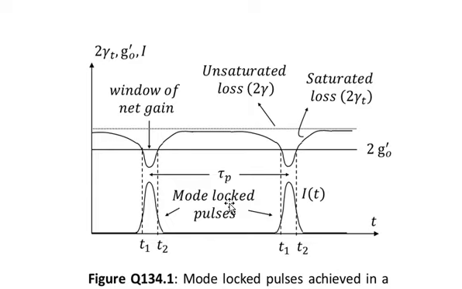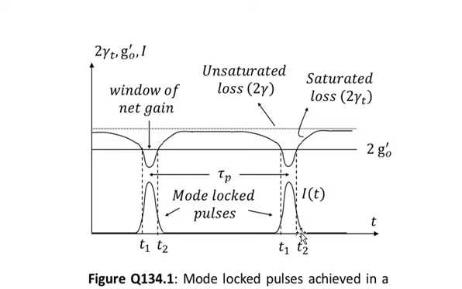by the saturable absorber, that is, they will be absorbed, so they will be stopped by the absorber, because when the absorber is not in the saturation condition it will present the maximum loss to the oscillating laser pulses. So only this pulse will be transmitted, because here we are assuming that this pulse is the highest pulse.